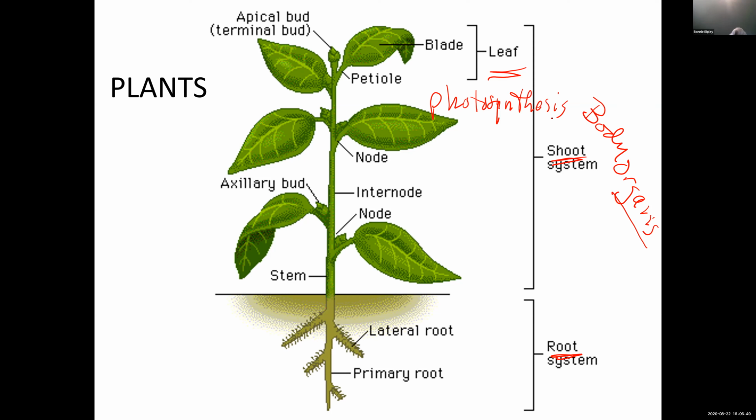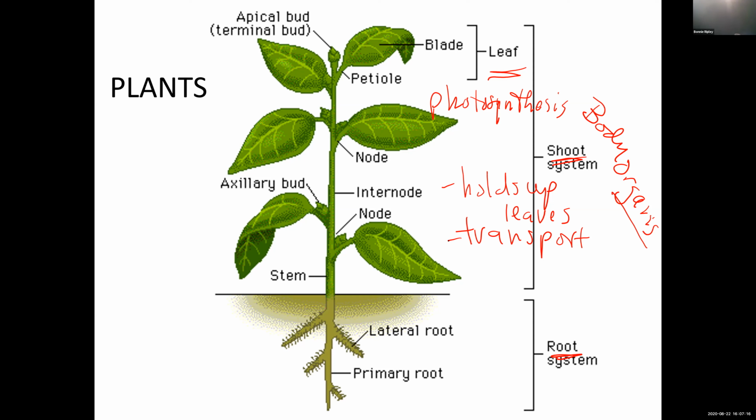The function of the shoot, it holds up the leaves. And it's actually going to be really important to transport substances from the leaves to the roots and from the roots to the leaves. So it has a structural function and it has a physiological function as well.